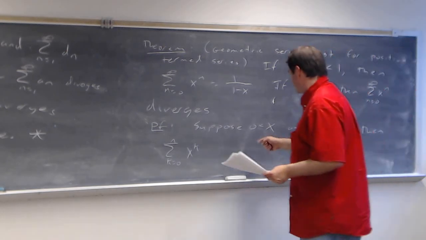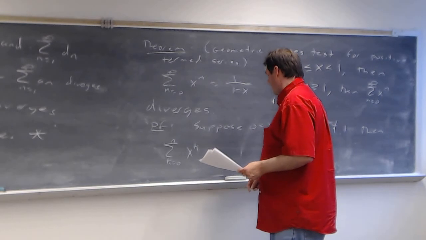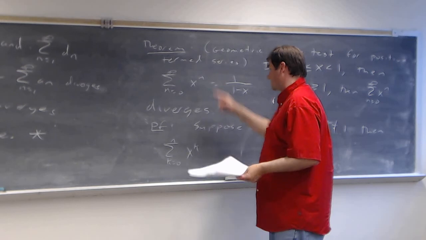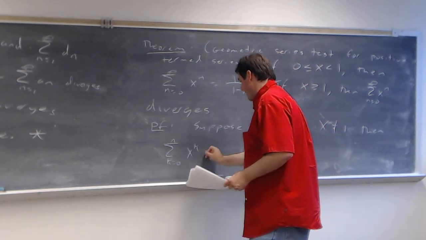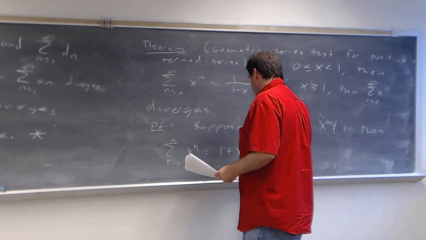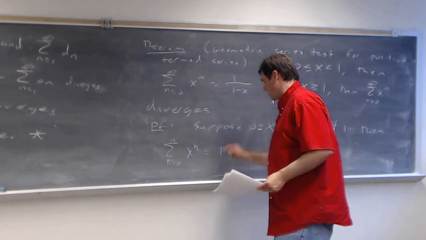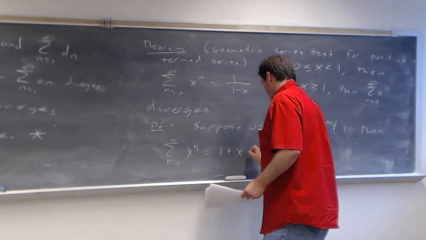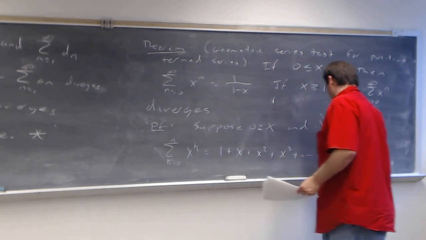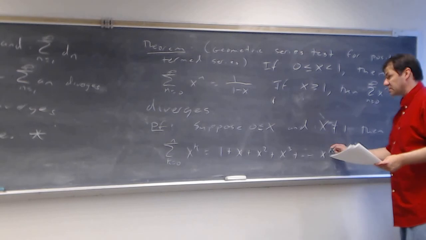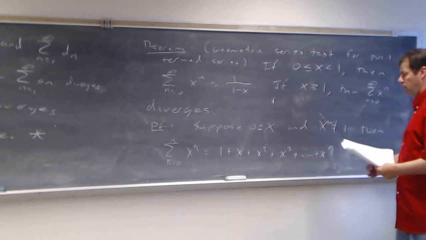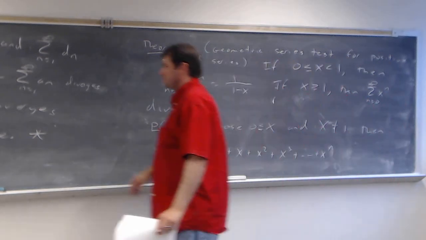But here, we'll look at it with x being greater than or equal to 0, and we'll say 0 to the 0 is 1. And so here we have this quantity. It's going to be equal to 1 plus x. So x to the 0 we're going to say is 1, and then x to the first, x, plus x squared, x to the third, plus all the way to x to the n. And that's what we have.